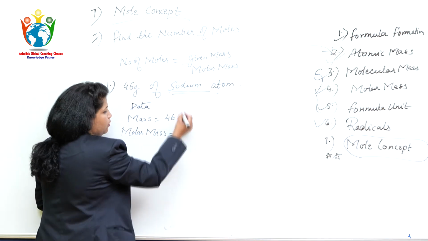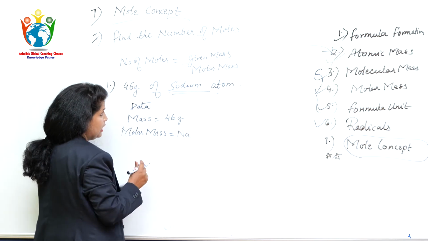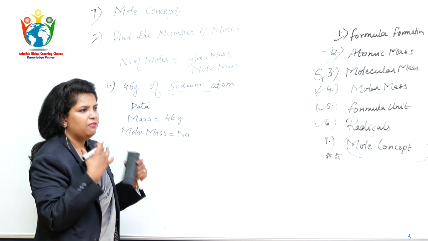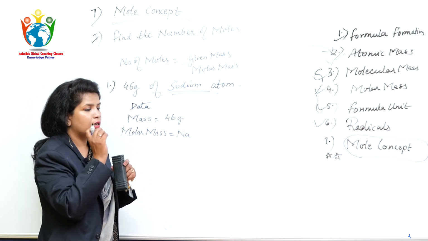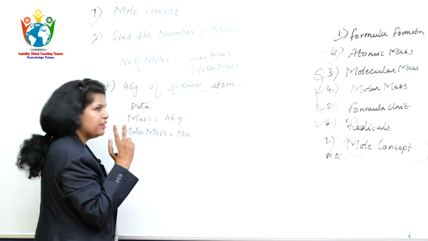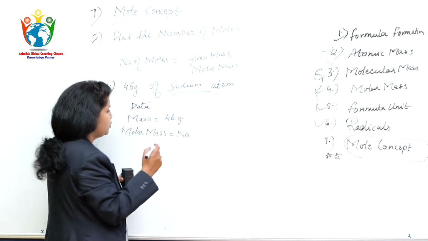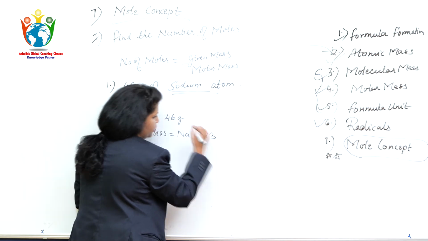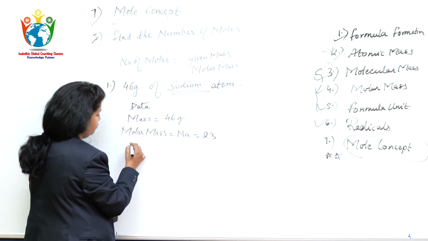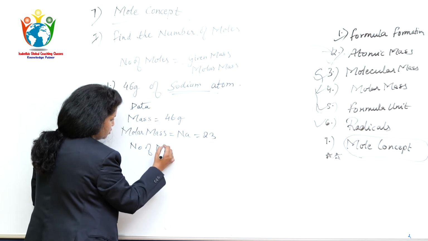We write the sodium symbol Na. As it is an atom, Na. Now I will not count down for you, but 11, I will straightforward say 11, that is an odd number. 11 multiplied by 2 is 22 plus 1, that gives you 23.